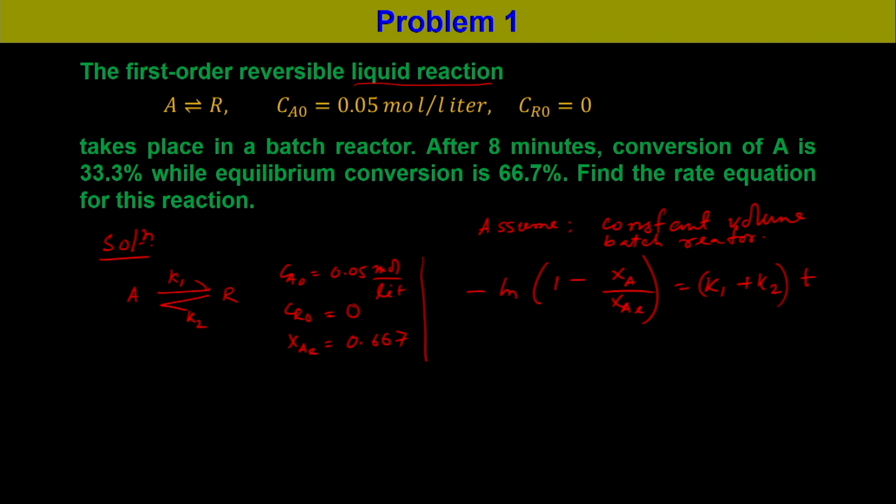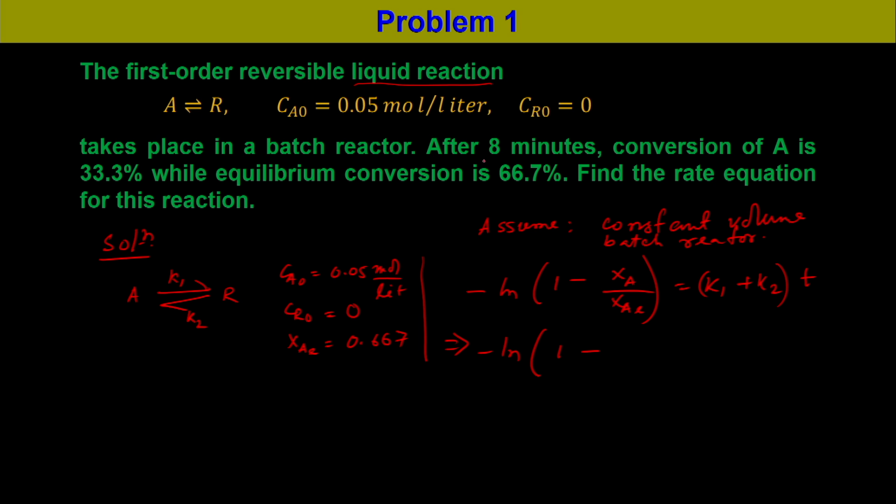Now, if we replace the values which are given from here, K1 and K2, from these relations we can obtain the relations between K1 and K2. So, if we substitute the values, it is minus ln(1 minus...).